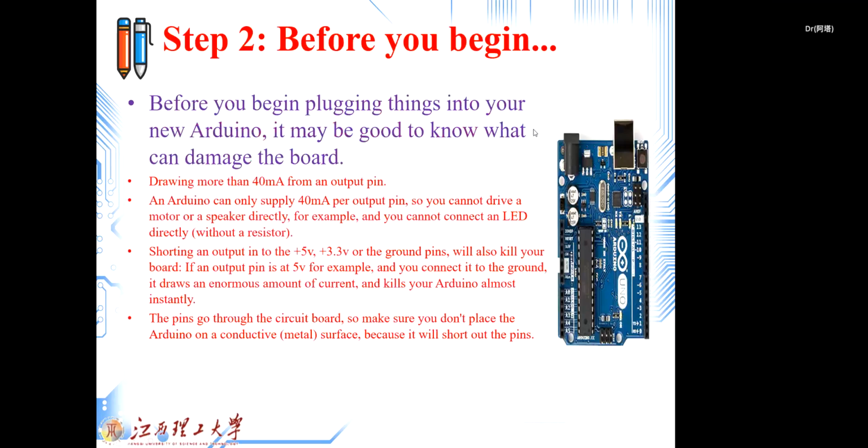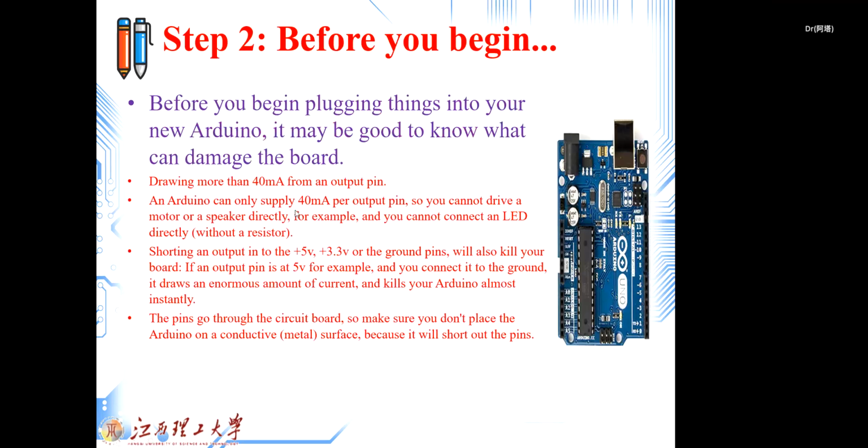But before using the Arduino board, I have some steps and some advice for you, so please obey them. First, for current on the output pins, please be careful. You should not use more than 40 milliamps.